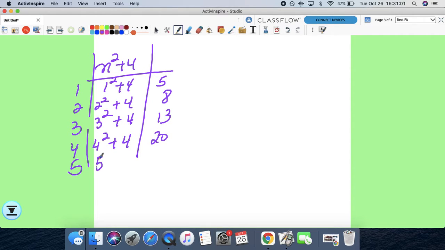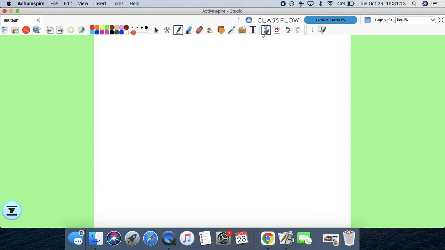And then 5 squared plus 4, which is 29. And those are your numbers. And the first 5 numbers of this sequence, it's that. Okay, so again, pretty simple.